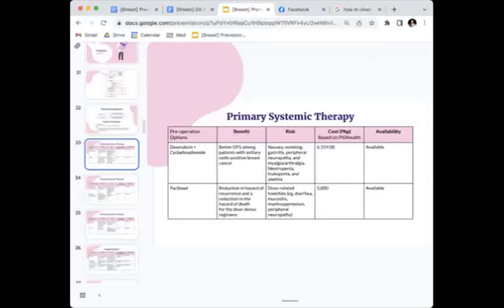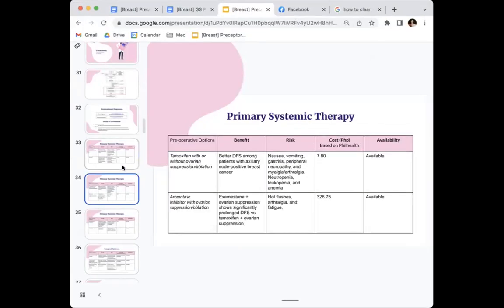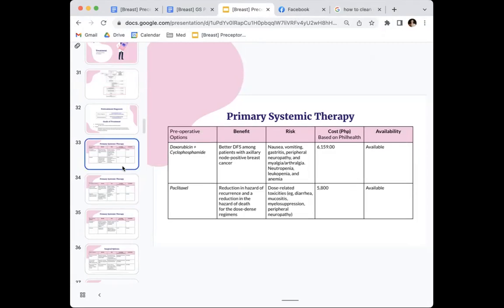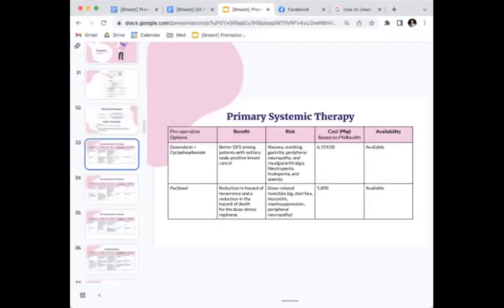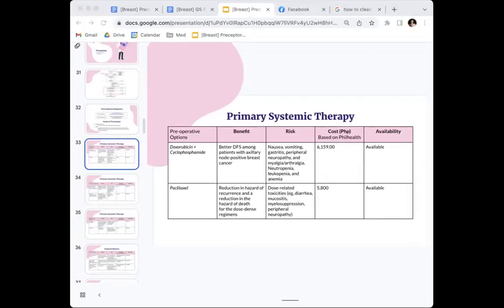And then for the hormonal therapy as a pre-op, again, during the pandemic, it was considered, it was the practice because patients cannot go for chemotherapy, no? So they just ordered tamoxifen or aromatase, no? So it could be done, but the benefit, the decrease in size, probably about 40% lang, no?